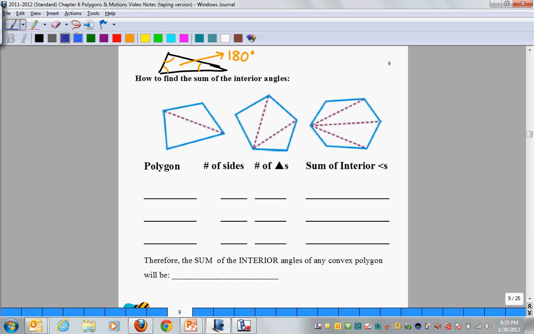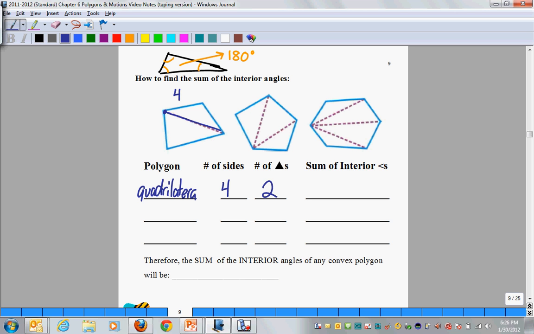So this first one, we have a quadrilateral. So we have 4 sides. But if we were to divide it from one diagonal, we'd end up with 2 triangles.